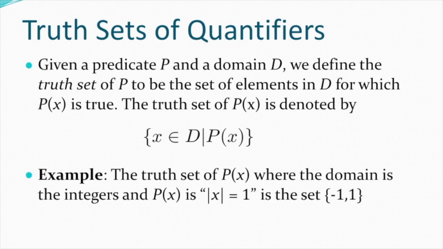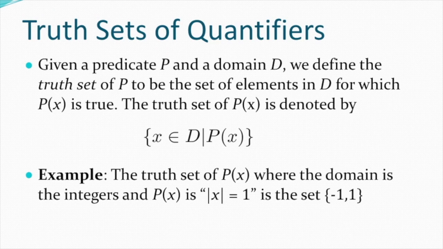The last thing before we start our activity is, if you have a predicate like P(x), which is basically a mathematical description describing a rule, and a domain D, and domain D could be the universal set, the big set that contains everything in the universe. We define the truth set of P(x) to be the set of elements in D for which P(x) is true.